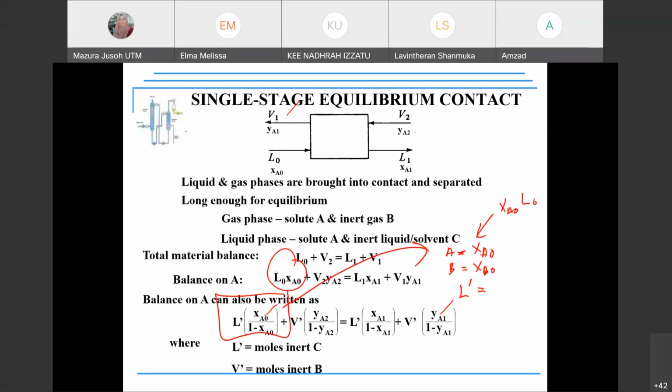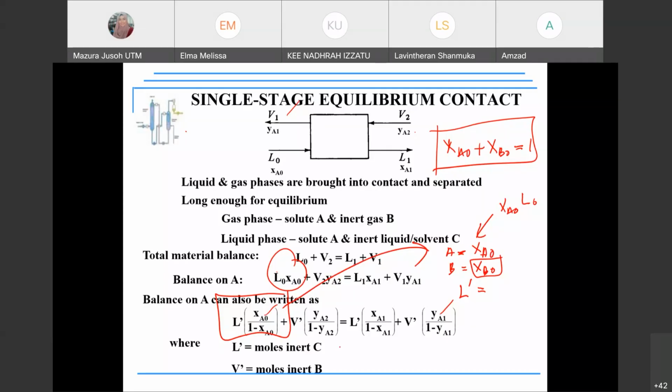So what is the flow rate of B, given that XA naught plus XB naught equals 1?